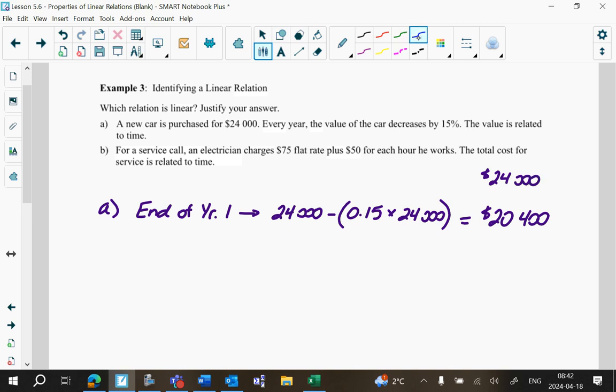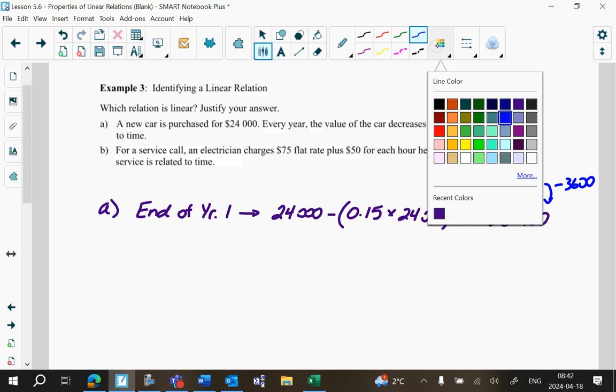How much did it go down by? $3,600. So if it's linear, then the next year it should go down by 3,600 again, and then by 3,600, and then by 3,600. Well, let's see if that actually happens.